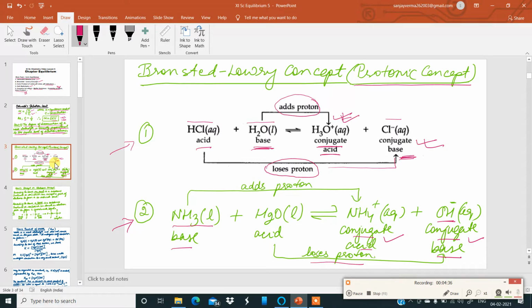This is the Bronsted-Lowry concept, the protonic concept, according to which acids are those chemical species which lose protons to give the conjugate base, and bases are those species which accept protons to give the conjugate acid. I'm not writing this in a sentence; I've tried to explain this to you by this illustration.